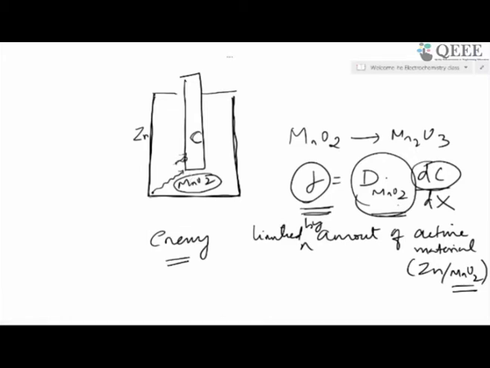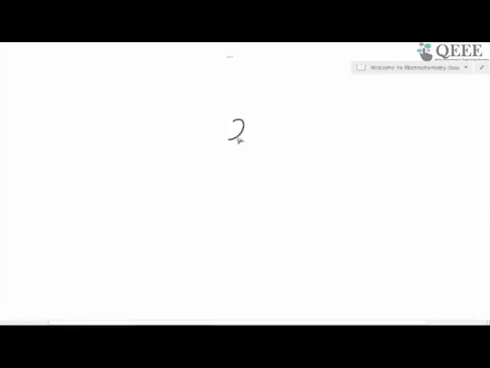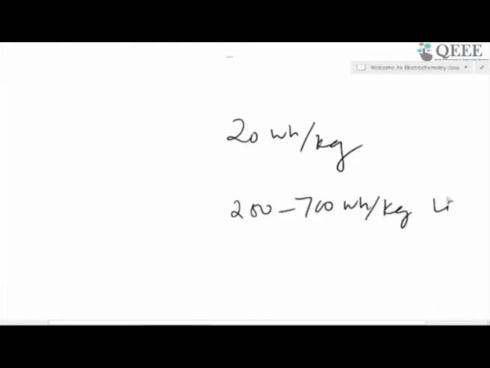Which is most efficient, whether it is a lead acid battery or a lithium battery? The lithium battery is the most efficient, because I have calculated for you the practical energy density for a nickel cadmium battery, which was about 40 watt hour per kg. If you calculate the same thing for a lead acid battery, it will be about 20 watt hour per kg. That is much lower compared to something like 250 to 700 watt hour per kg that you get from the lithium battery.